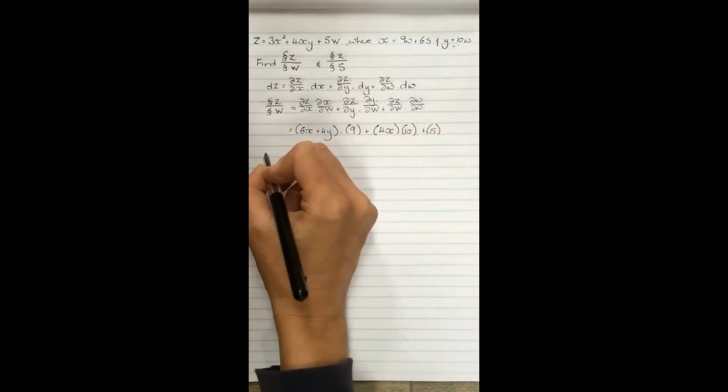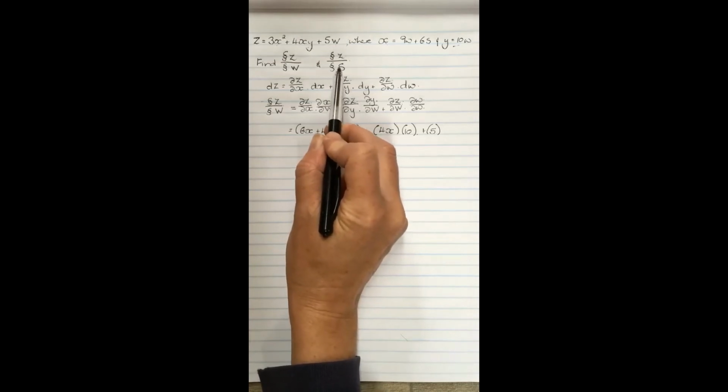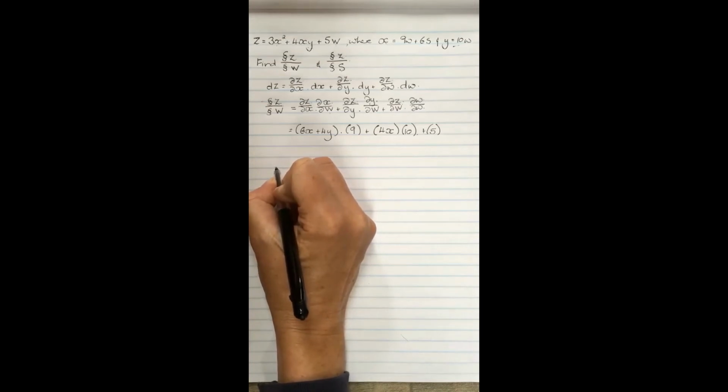So what we need to do is now divide through by the differential ds, but using the notation that indicates that we are calculating a partial total derivative. So let's do that down here.